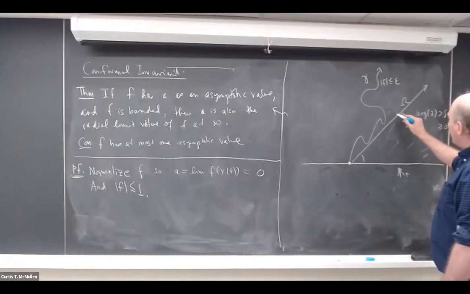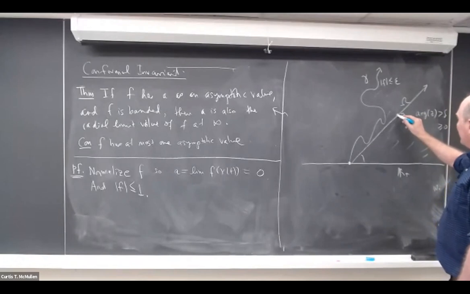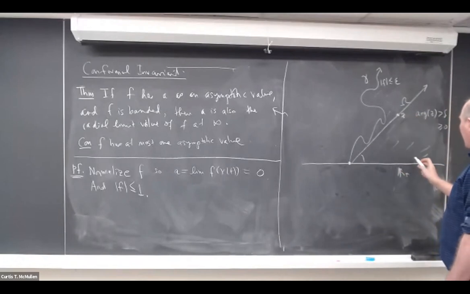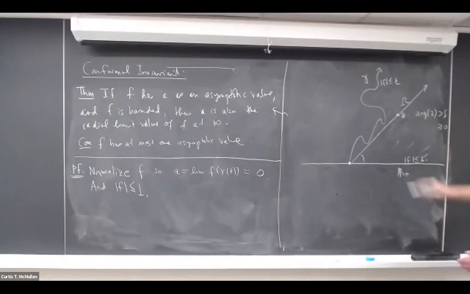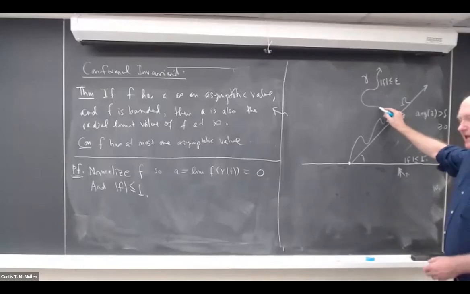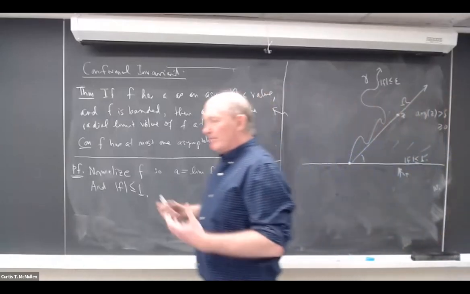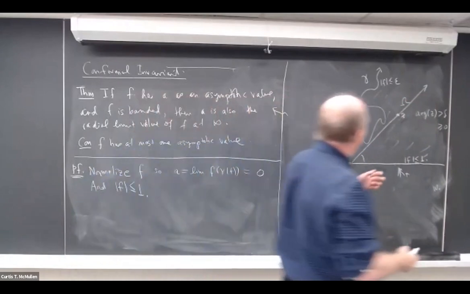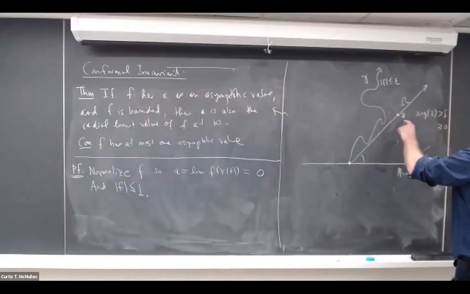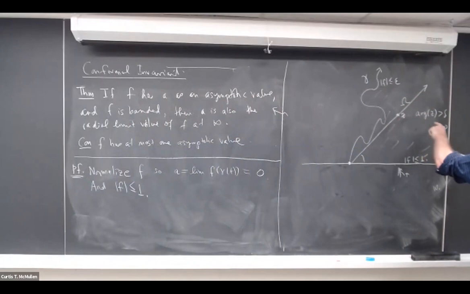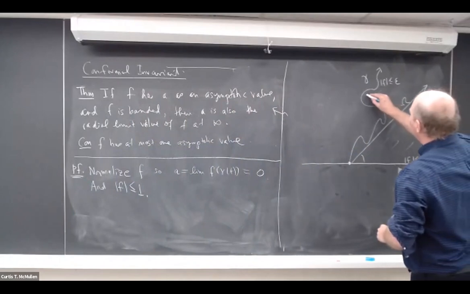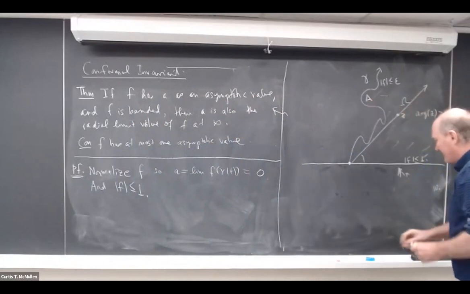Okay, now what can we say about the absolute value of f at z? Well, here on the real axis, the absolute value of f is less than or equal to 1. It's less than or equal to 1 everywhere. Here, it's less than or equal to epsilon. So what we see is that to control the value of f at z, all we have to do is control the harmonic measure of this part of the boundary of omega.